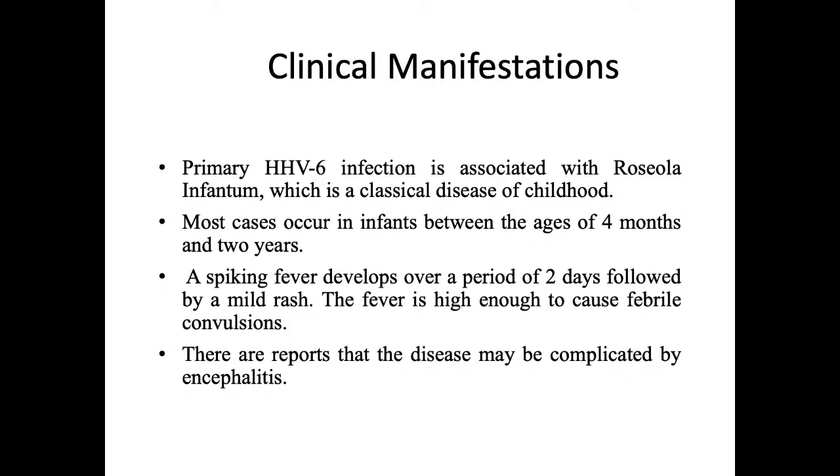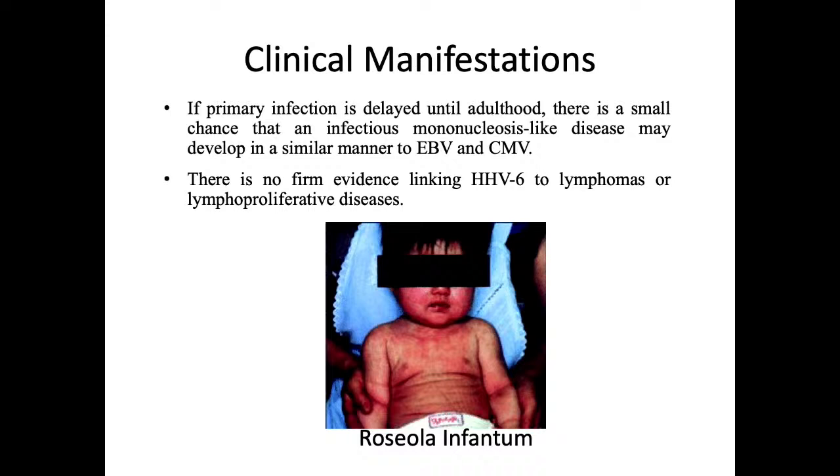It can lead to convulsions as well, seizures, and patients may require hospitalization. Very rarely it can lead to encephalitis, and when the fever subsides, child develops this kind of maculopapular rash. Not vesicular, but maculopapular, these red small spots on the body, and then it goes away.